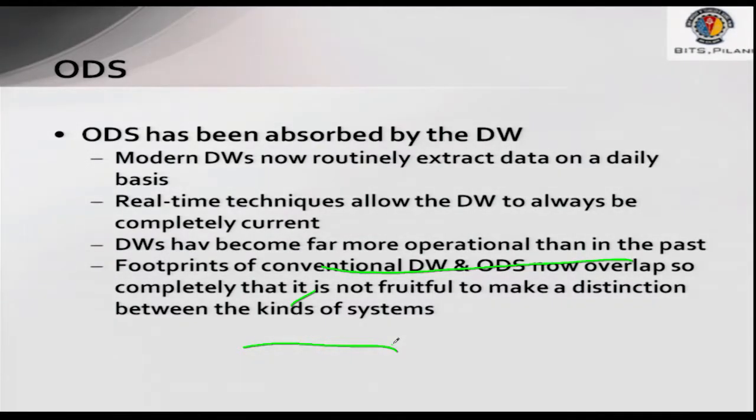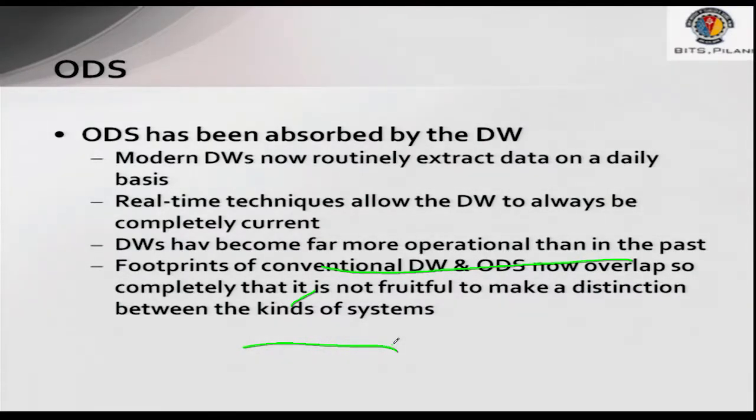There are many situations where data warehouses try to get data from the source systems as quickly as possible. We call them real-time data warehouses or near real-time data warehouses. Real-time techniques allow the data warehouse to always be completely current with the source systems.